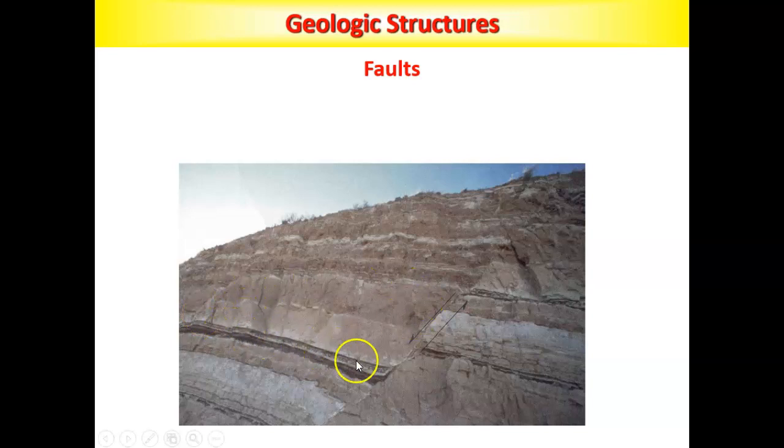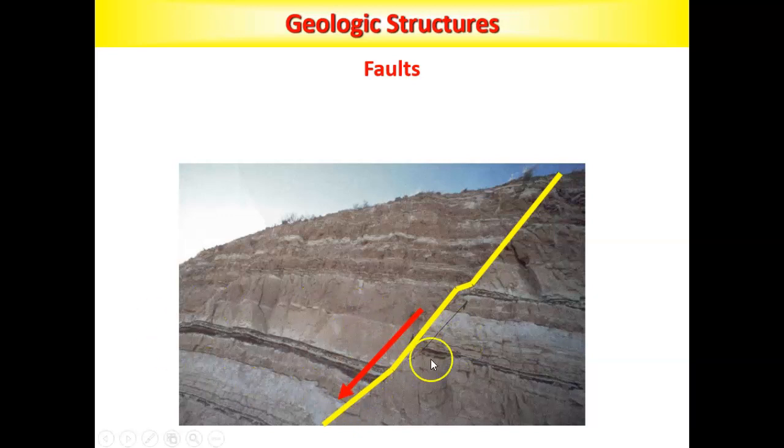When we look here, I see this white layer abruptly stops, and then it's up here across this feature. That's an indication there's been motion, so I would argue that this is not just a fracture or a fissure, it's a fault. I can draw a line across that feature that would indicate the fault, or in this case the fault plane, and I can ask how that motion has moved.